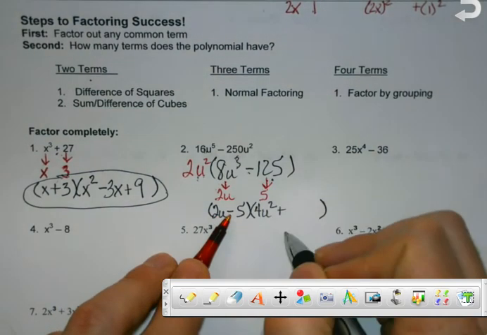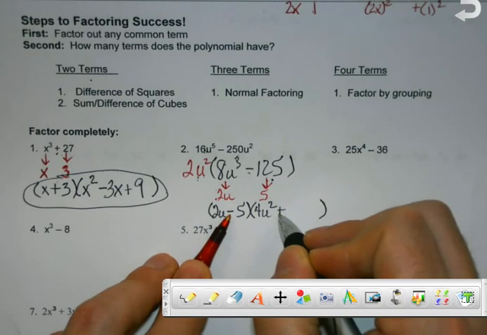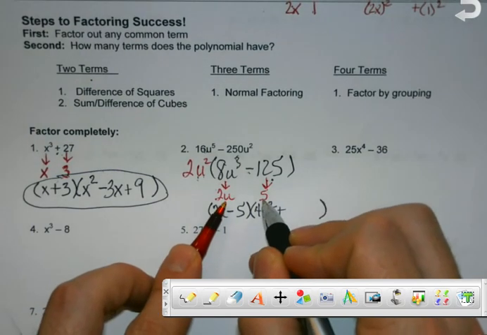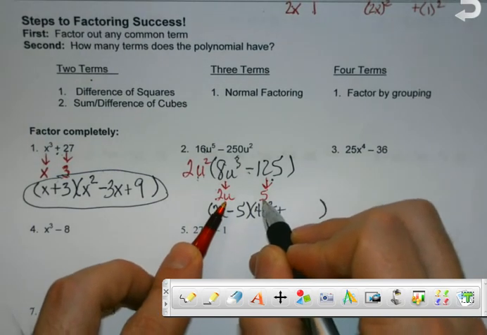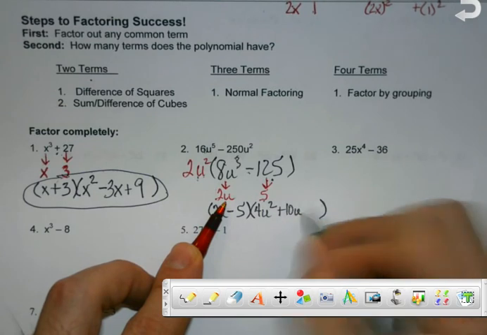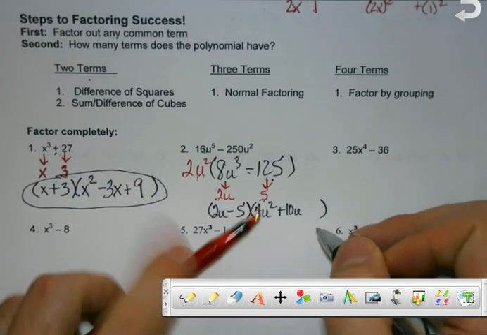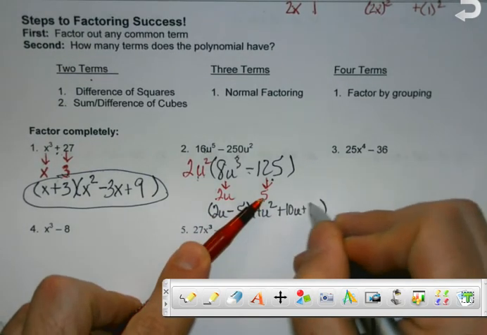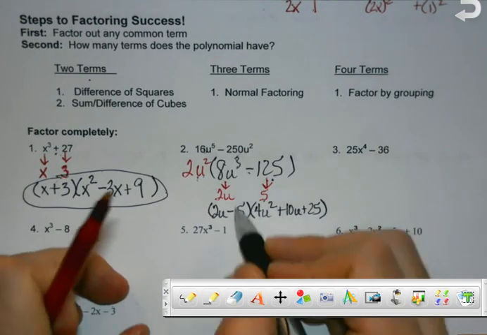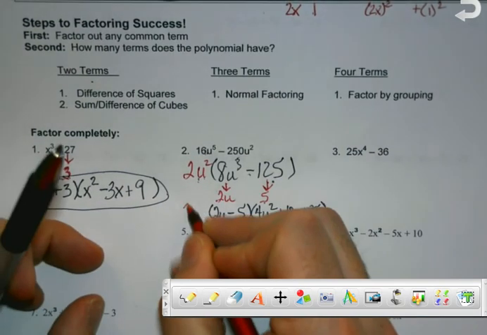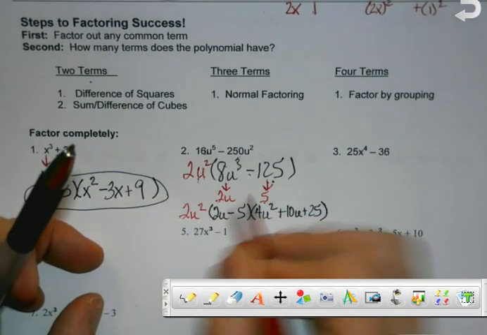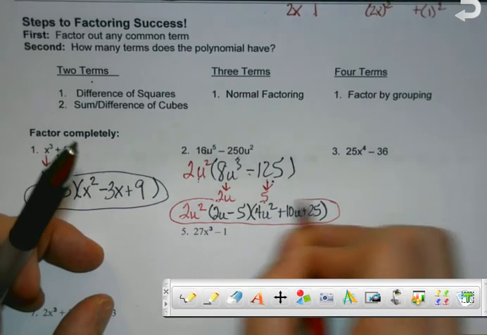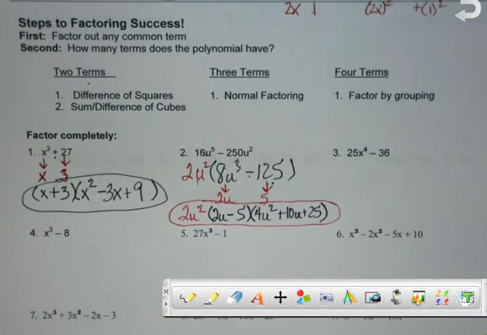Change the sign, so I started with minus, now it's plus. Multiply my two terms together, so 2u times 5, 10u, and square my last term. 5 squared is 25. And at the very end, I will put my greatest common factor back at the start.